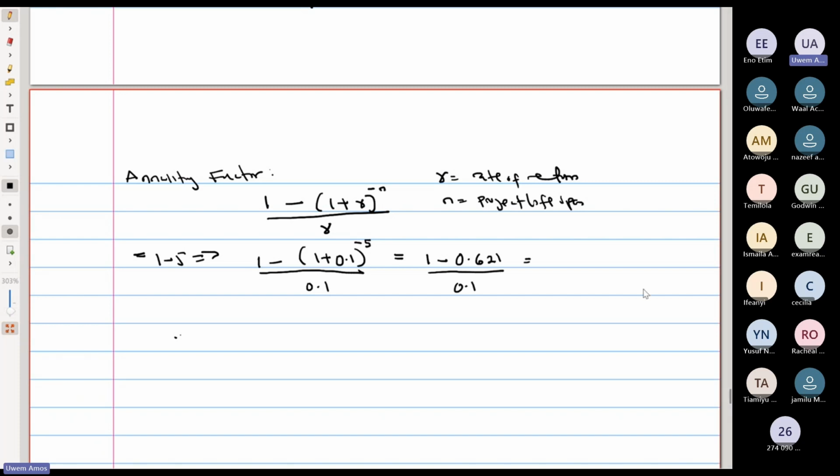So 1 minus 0.621 divided by 0.1, and I have 3.79.